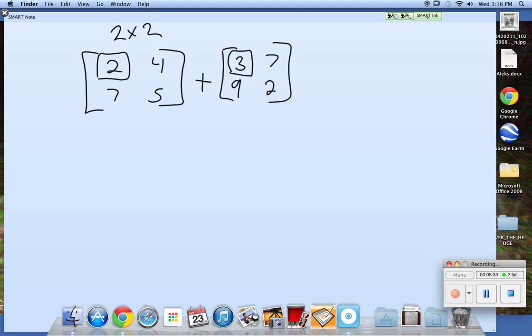The same quadrant, same quadrant. 2 plus 3 is 5. 4 plus 7, 7 plus 9, and 5 plus 2, and that's what we'd add the matrices up to be. The same happens in subtraction. If we're going to subtract, we would subtract the same quadrant out.